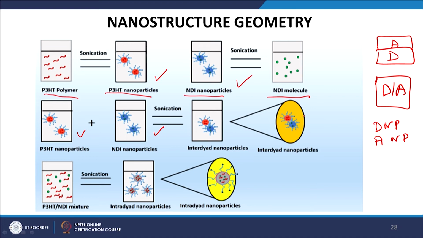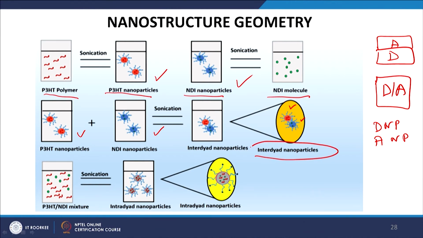If you take a magnified view of this assembly, you see that the donor and the acceptor are bound by electrostatic attractions, and we call them interdyad nanoparticles. On the other hand, we can mix the polymer and the small molecule at the same time in an organic solvent, and from the mixture we can make a nanoparticle.